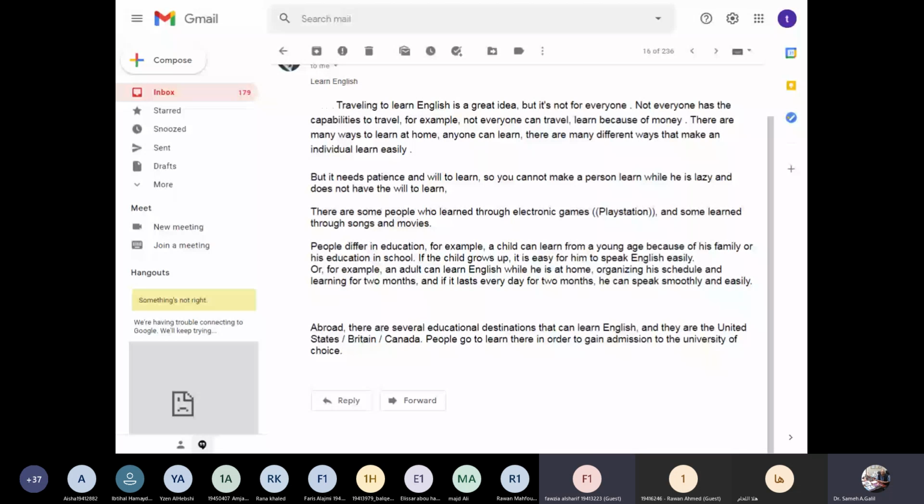Yeah, actually we have two. It's a combined thesis statement where the first part is there are many ways to learn at home, right? And there are many different ways that make an individual learn easily. So this is the combined thesis statement that she's providing.